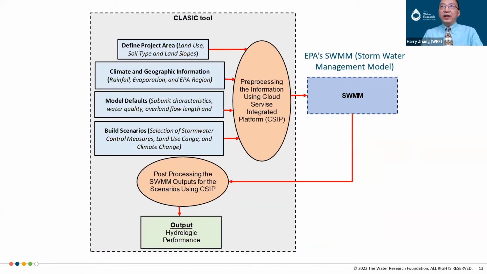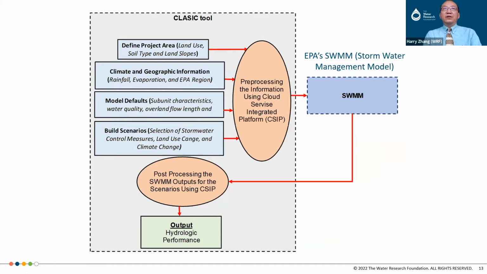Here's a little bit of technical detail. If you're familiar with the EPA Stormwater Management Model, you can quickly pick this up. This tool uses some of the core engines of the EPA SWMM model and incorporates other latest cloud technology.